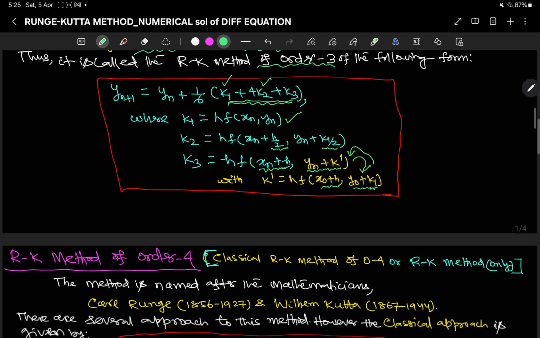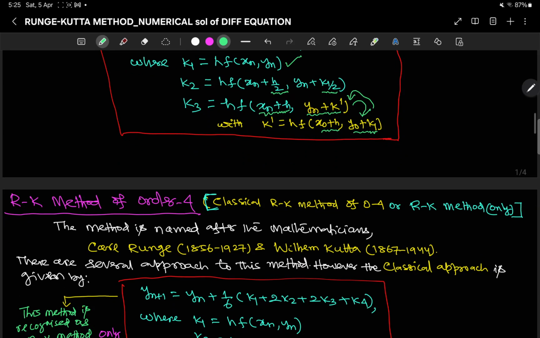Then coming to the Runge-Kutta method of order 4, it is also called the classical RK method of order 4. The method is named Runge-Kutta because it is the contribution of two authors. Earlier Runge, the German mathematician, 1856 to 1927, obtained the formula for the RK method of order 3, as we discussed, and then William Kutta extended this.